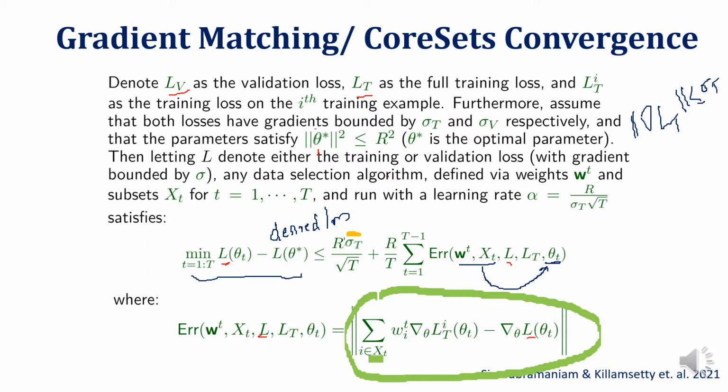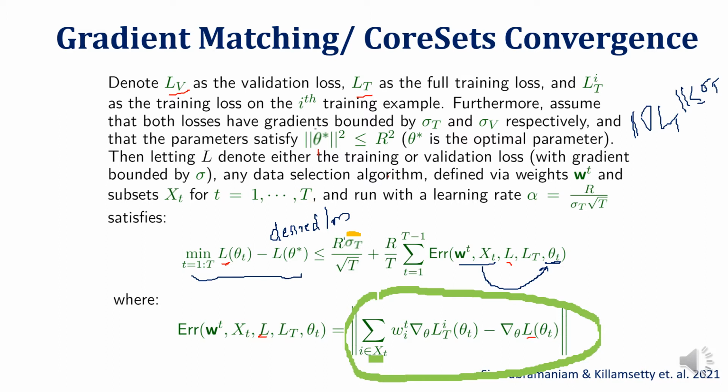And what is this error basically? Well, this error is basically a norm of the difference of the weighted sum of the gradients on the selected subset XT from the full gradient.